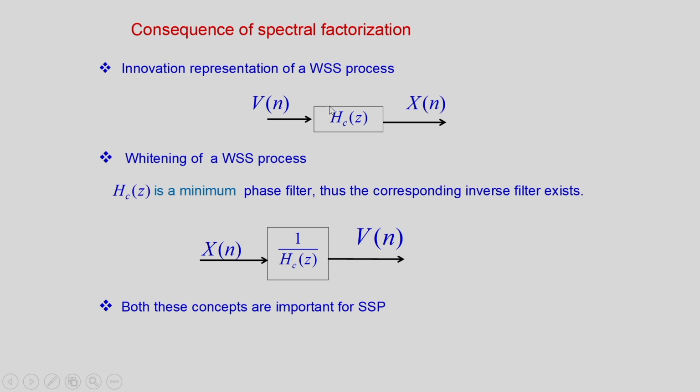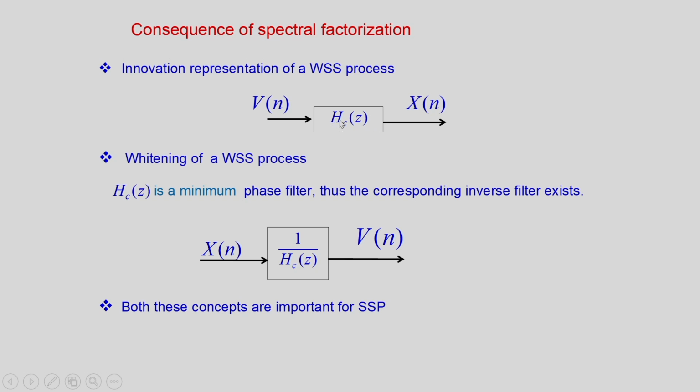So, because of this spectral factorization, we can write a WSS process as the output of a filter driven by a white noise sequence. This representation is known as the innovation representation of a WSS process. Given Xn, Vn is the unknown or informative part of the signal, so Vn is called the innovation of Xn.